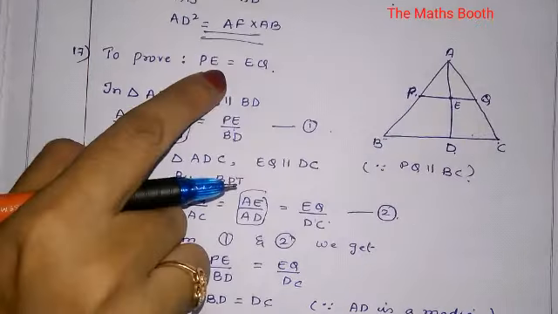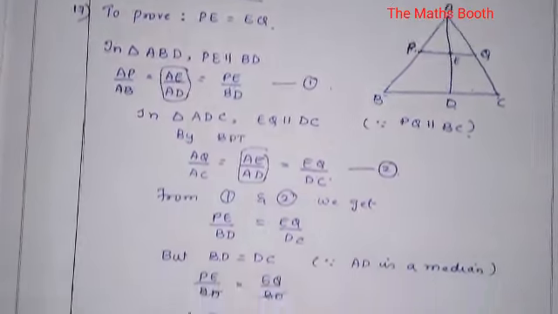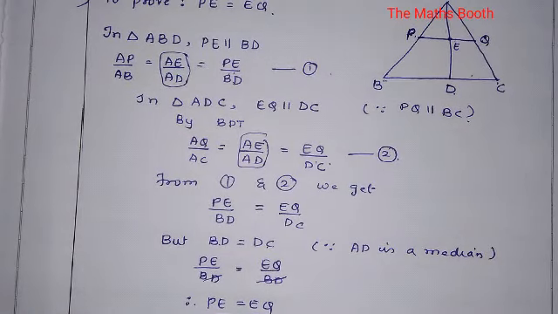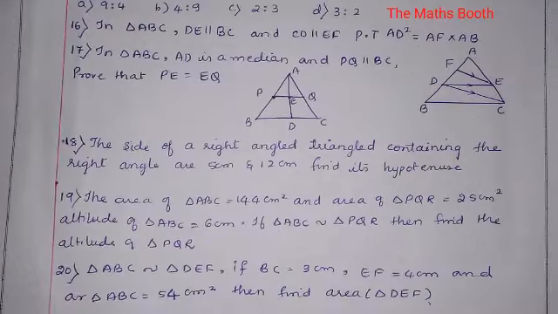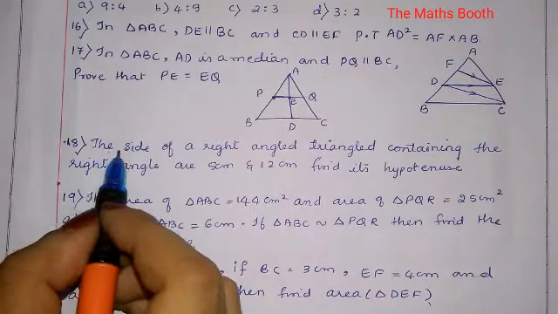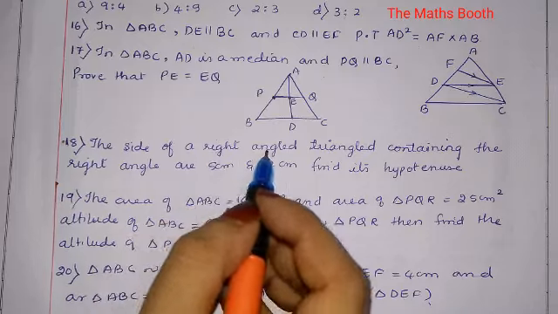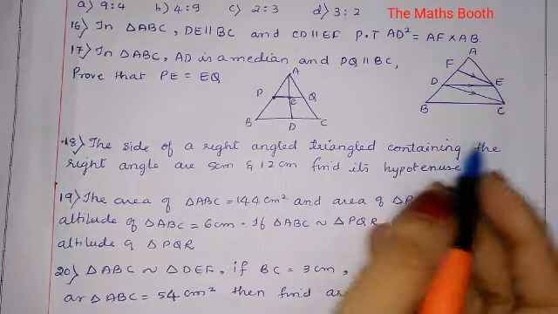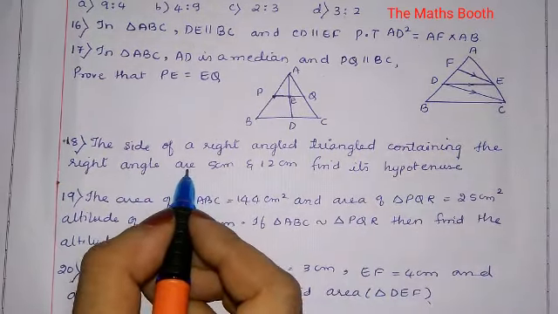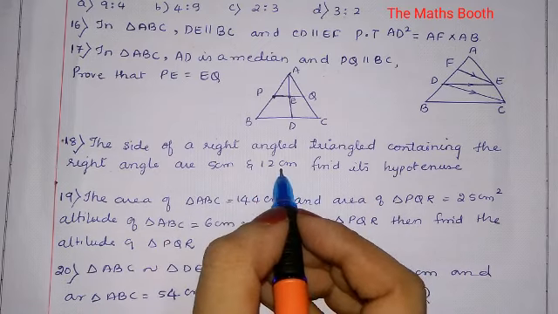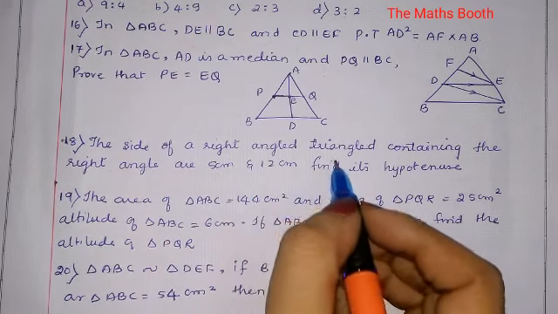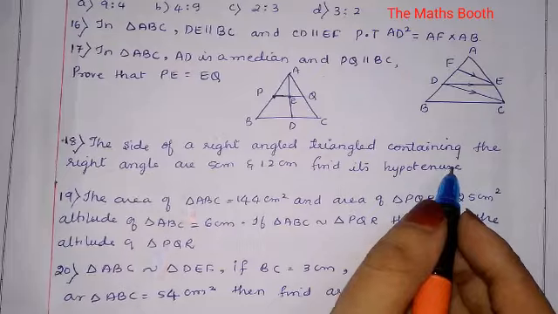They have told PE is equal to EQ. We got PE is equal to EQ. So this is question number 17. Let us see now question number 18. The sides of a right angle triangle containing the right angle are 5 cm and 12 cm, find its hypotenuse.